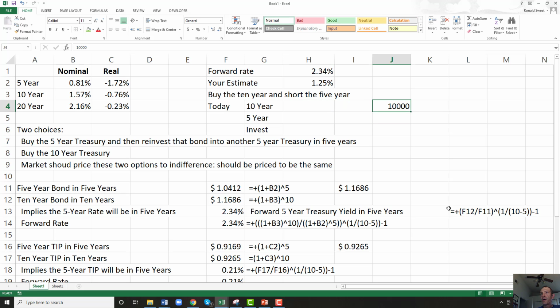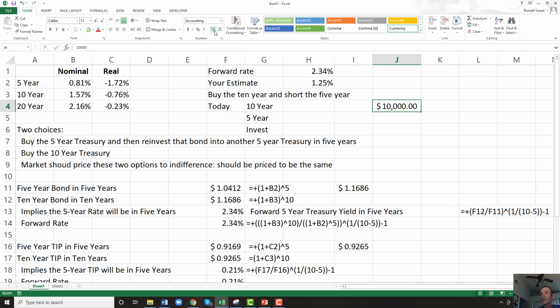So we want some bonds that are going to mature at $10,000. So how much would you pay? It's zero coupons, so you're going to pay a price today for a bond that in 10 years is going to give you exactly $10,000. So you take $10,000 divided by 1 plus the 10-year rate, raised to the 10th. So that bond's going to cost you $8,557.